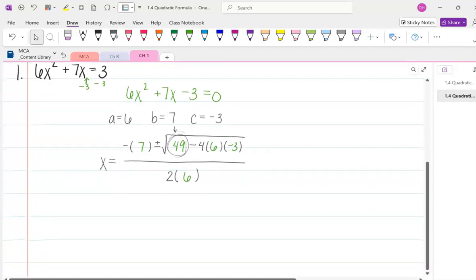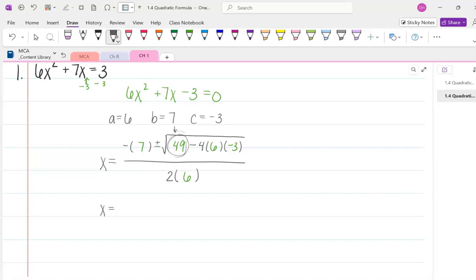From here, we're just going to use our calculator and reduce what we have. So we've got negative 7 plus or minus the square root of 49. And then we've got negative 6 times 4 times a negative 3, which is going to be minus. So I'm going to bring down the minus sign. And then that's going to be negative 72. So I can go ahead and change that. Divided by 2 times 6.